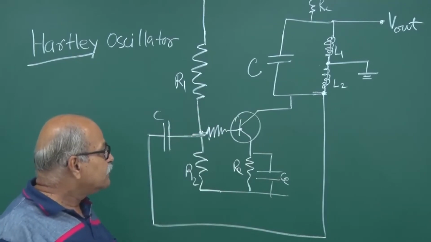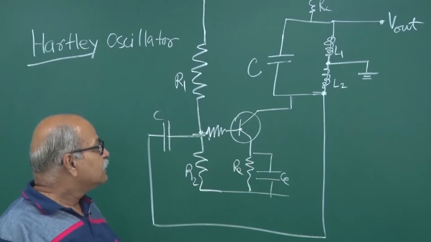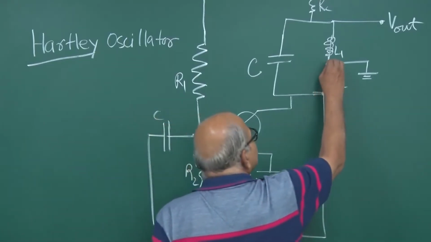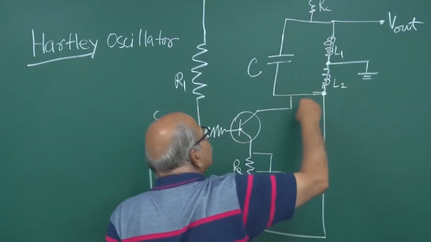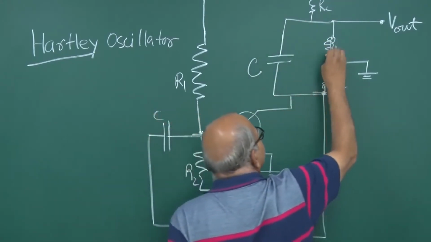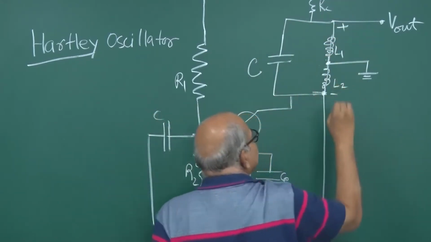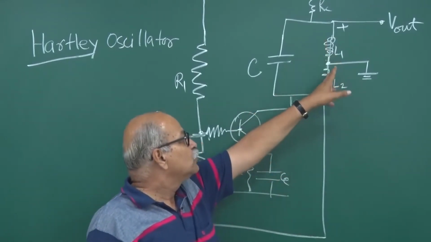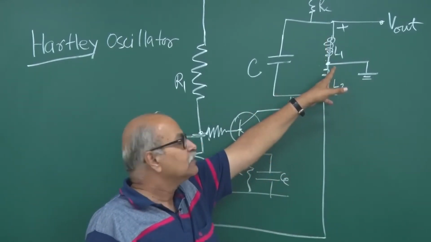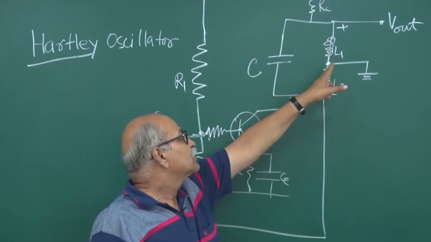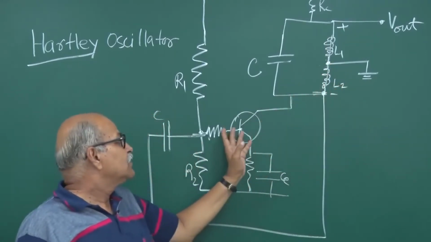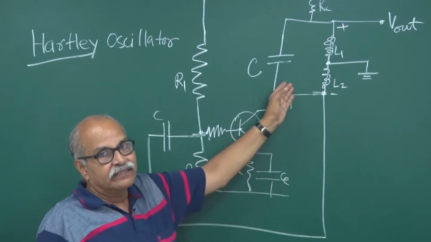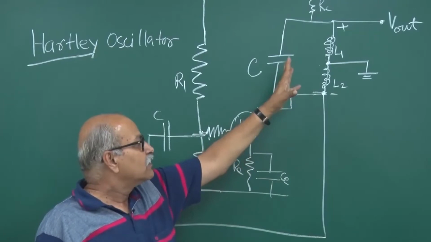This is one design which works quite well, and the phase relationship is once again: if this is grounded and the current is going in a particular direction, then at a certain time when this is positive, this is negative. So a phase change of pi is ensured here, and then another phase change is here. So when this gets the signal, it gets it in the same phase. That is how it is done.